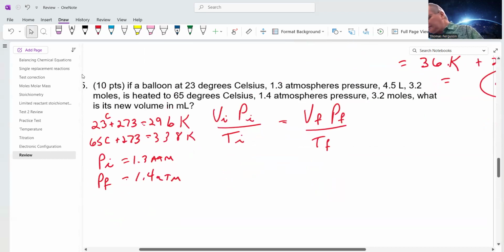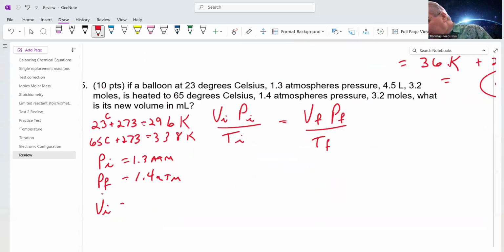Okay, the initial volume is 4.5. And what's the final volume? Question mark, right? All right, so we've got all the parameters there.